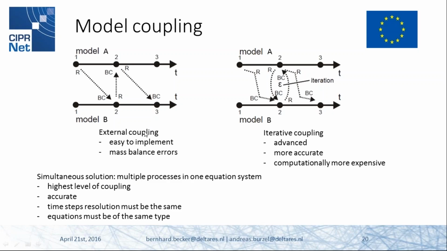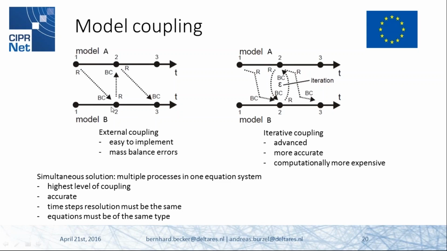Let's start with the external coupling, which is the easiest to implement, but also the least accurate one, because in most cases we'll have mass balance errors. Let's say we have a model A with the timeline here and some discrete time steps 1, 2, 3, and model B with the same timeline. Then model A results would be used by model B as boundary conditions, BC boundary condition, and R as result.